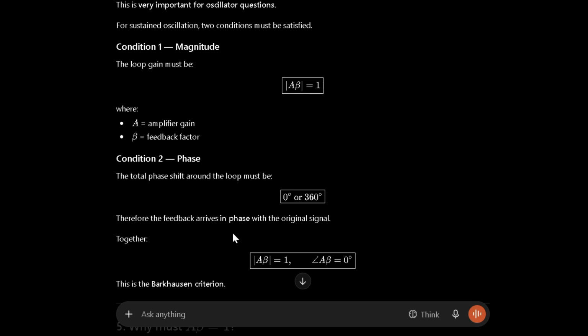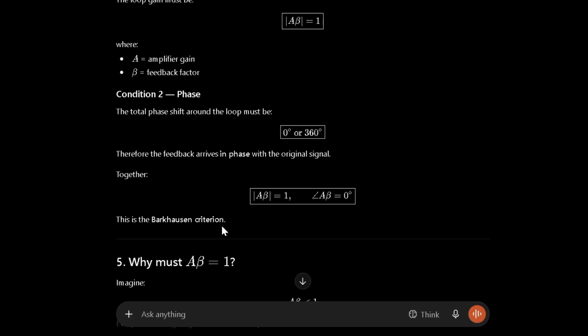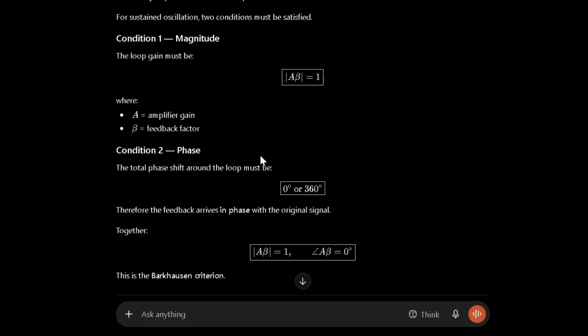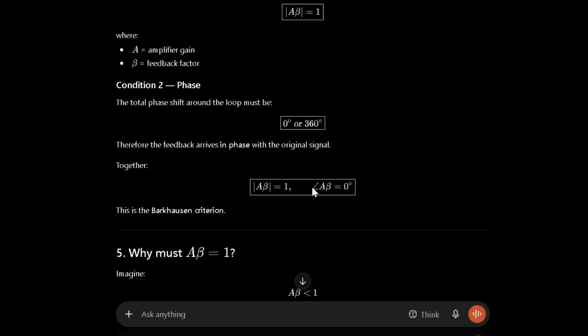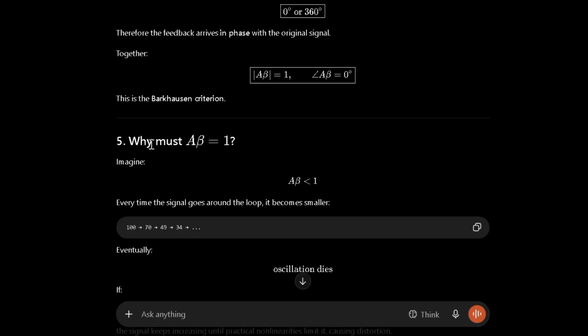Condition two, phase: the total phase shift around the loop must be 0 degrees or 360 degrees, so the feedback arrives in phase with the original signal. So magnitude of A beta equals 1, and angle of A beta equals 0. The magnitude should be equal to 1 and the phase should be 0 degrees or 360 degrees.